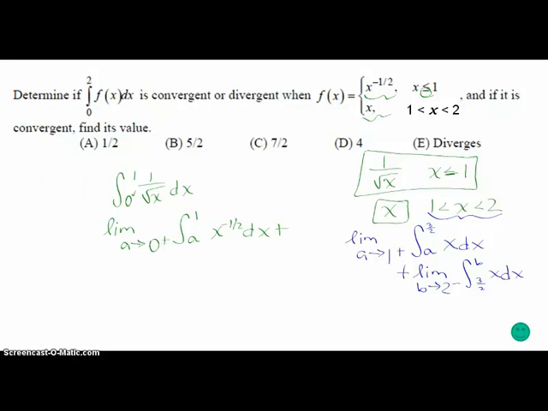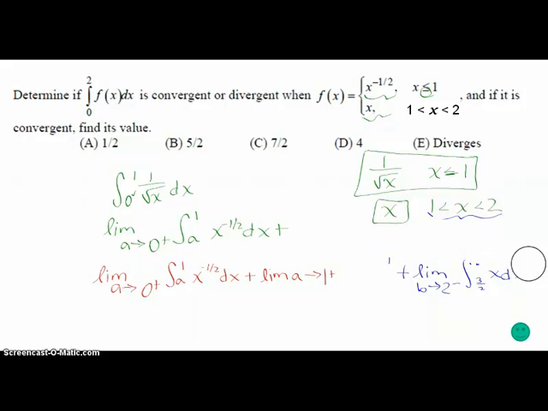So that's what this entire integral is going to look like: the limit as a approaches 0 from the right, from a up to 1, of x to the negative 1/2 dx, plus the limit as a approaches 1 from the right.